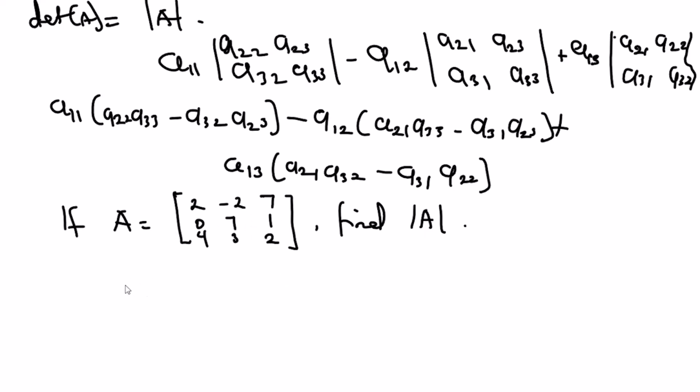The first entry is 2. When we cancel out the row and the column, we get 7, 1, 3, 2.